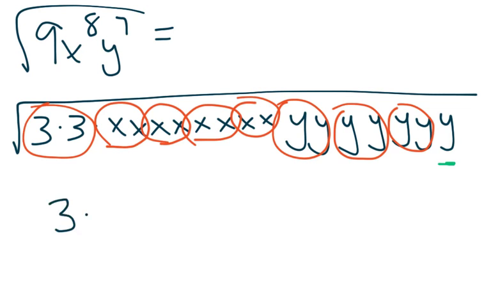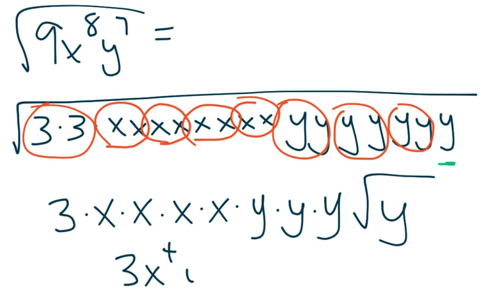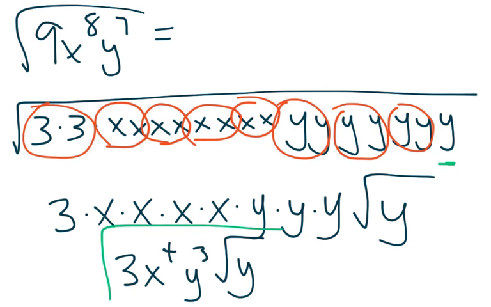So I have 3 times x times x times x times x times y times y times y, square roots of y. And again, if I count how many x's I have, 4 x's and 3 y's, square roots of y. Final answer, 3x to the 4th, y to the 3rd, square roots of y.